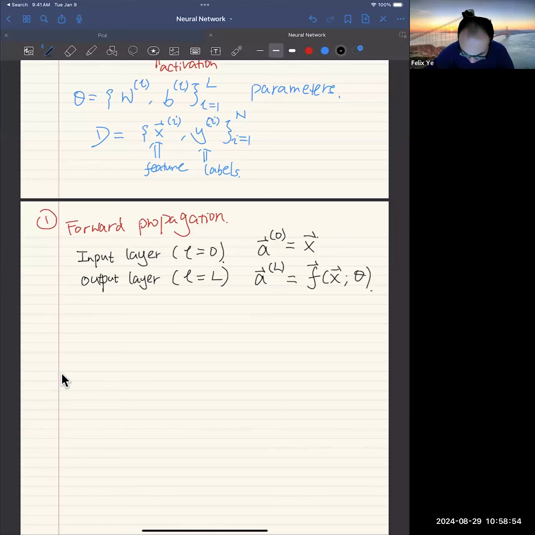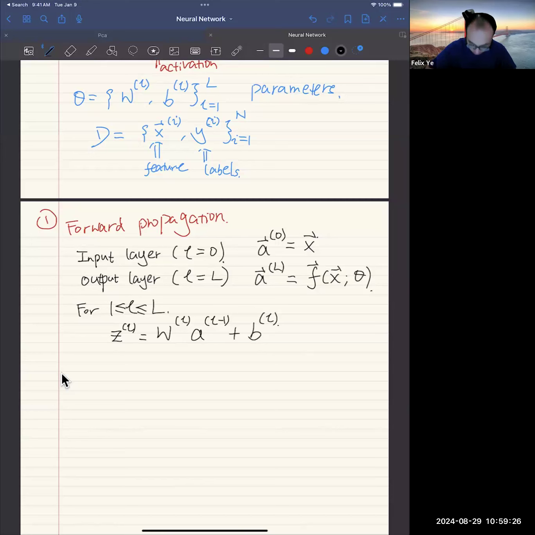So then for all intermediate layers, this ZL: first thing I'm going to do is take the linear layer, that is WL times A L minus 1 plus BL.